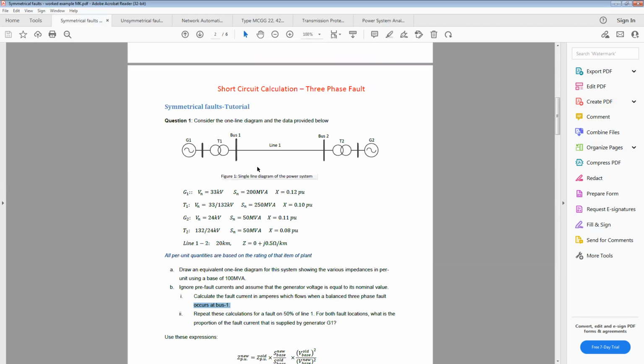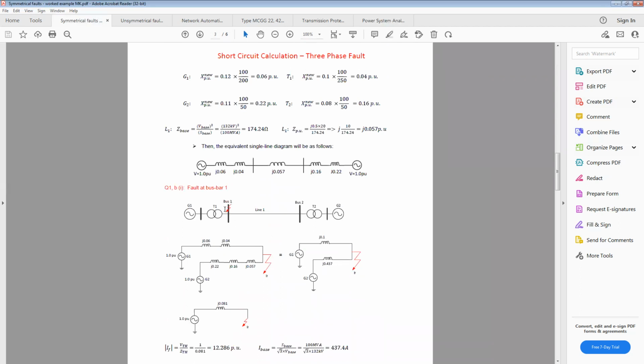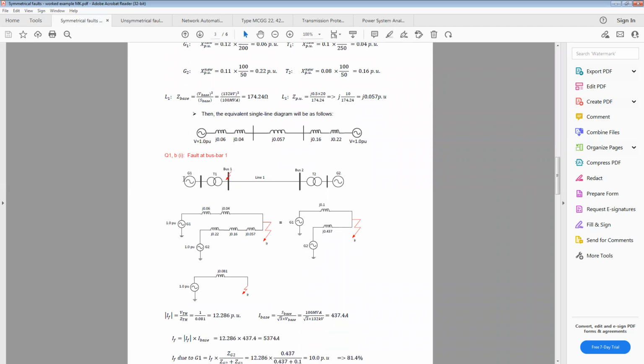So when there is a fault at bus 1, we calculate the fault current contribution, meaning that we have a contribution from G1 to the fault point, and then of course a contribution from G2.